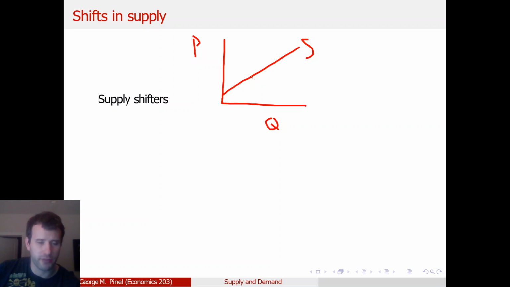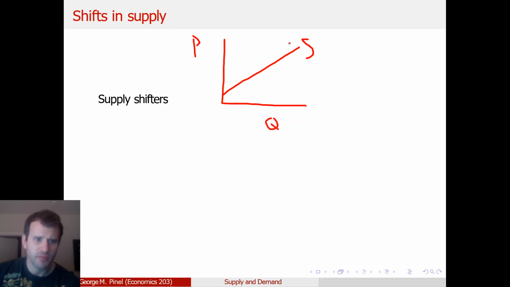So they will leave the market. A good way to think about the supply curve is that it's basically a ranking of producers' cost. Lowest cost producers are towards the left, the bottom of the supply curve, and the top of the supply curve will be the higher cost people. As the price increases, people who were high cost can end up making a profit if the price goes high enough.